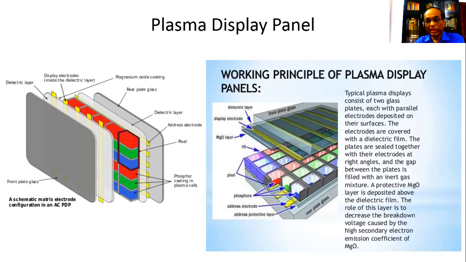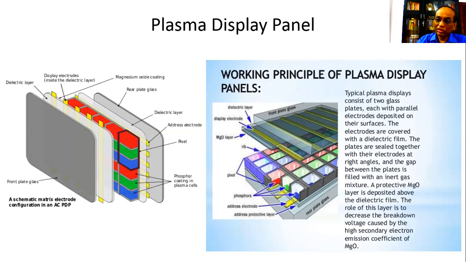Alumina also has a similar property, a high secondary electron emission coefficient. So very easily, at a very small voltage, breakdown occurs there.